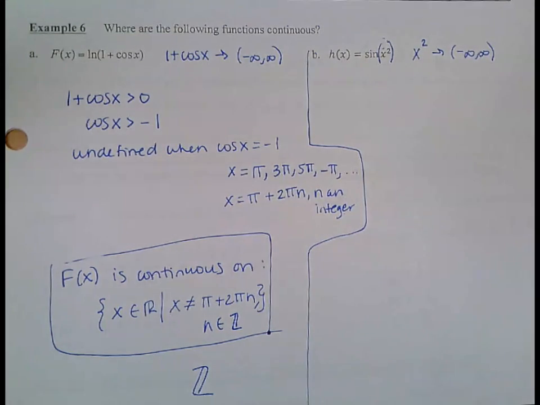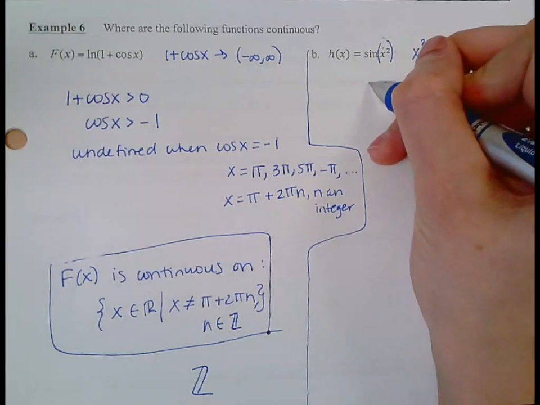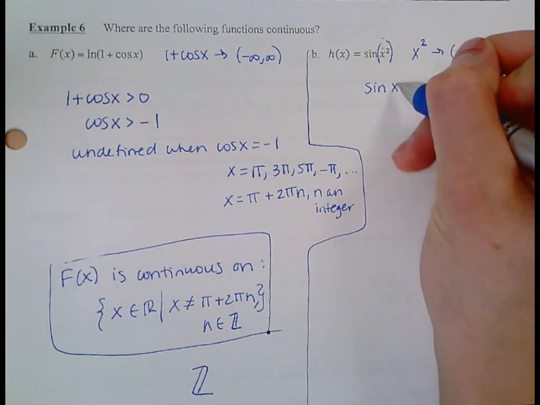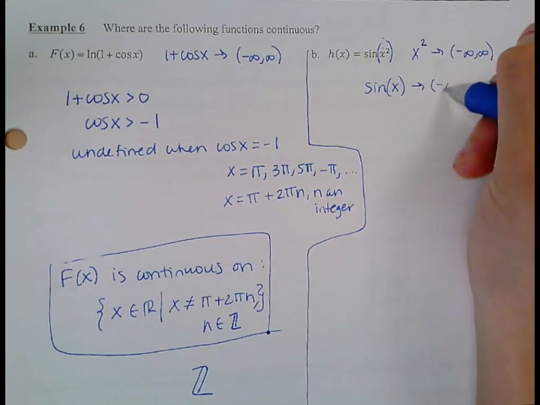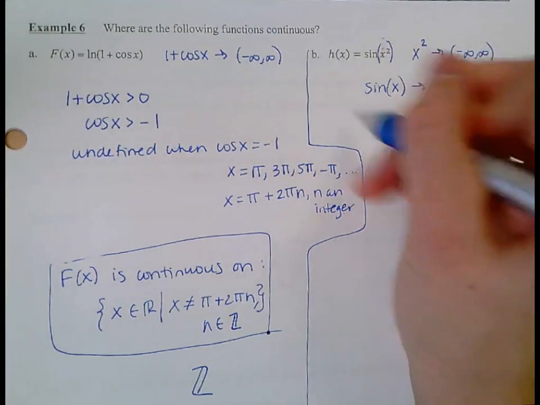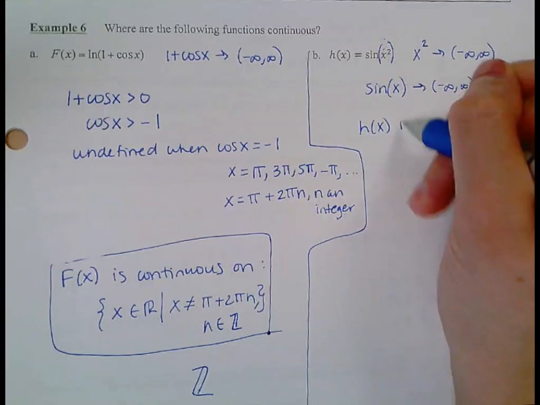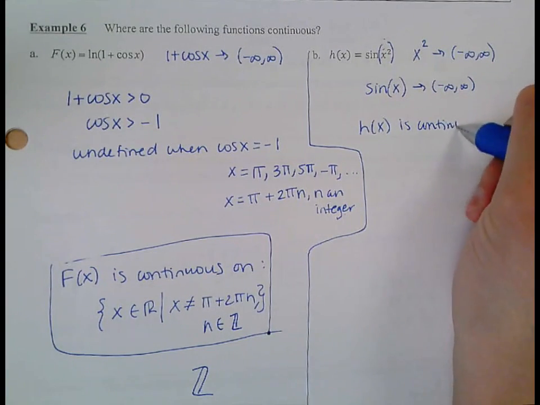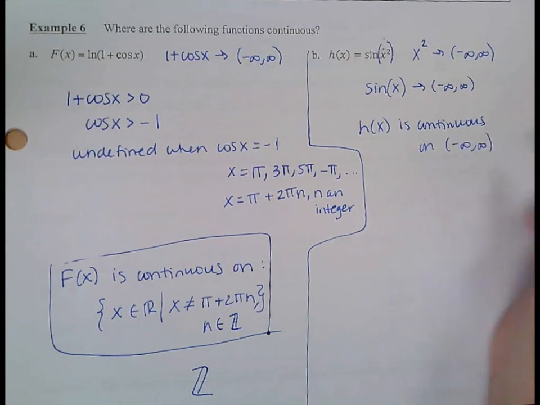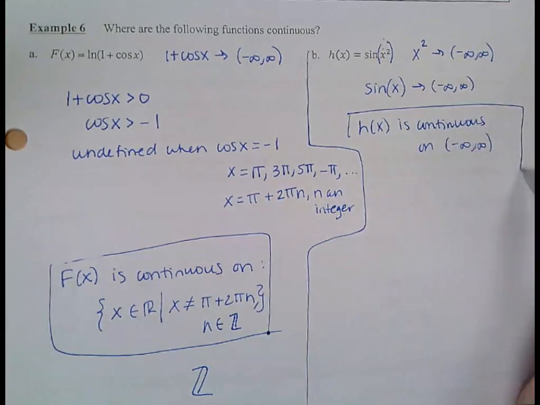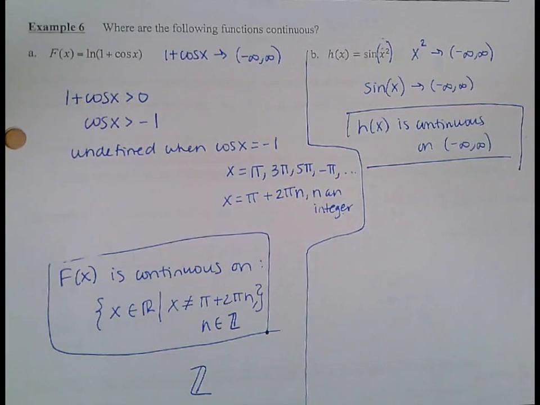No. If it was just sine of x, it would also be continuous everywhere. So I'll make a note: sine of x, and that could be sine of any quantity, is continuous everywhere. Therefore, our function h of x is continuous on the interval negative infinity to positive infinity, or is continuous everywhere.